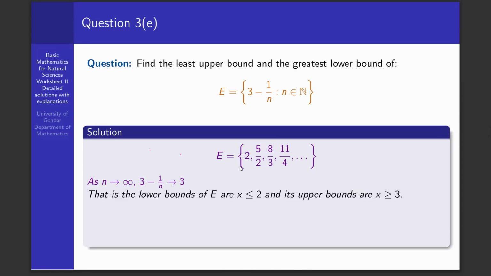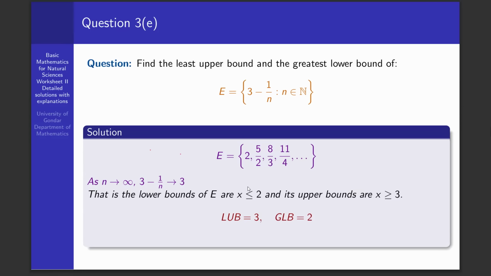Since this set has both an upper bound and a lower bound, it will have its own least upper bound and greatest lower bound. So the least upper bound of the given set: the set of upper bounds is x greater than or equal to 3, so the smallest element within this set is taken to be the least upper bound of the given set.